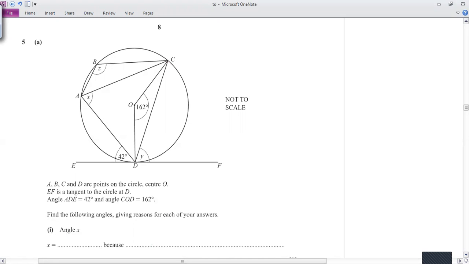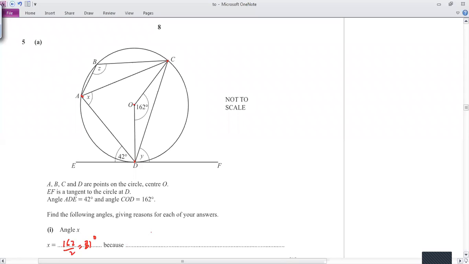Okay. Let's see. Angle x is made by the chord DC on the circumference. Chord DC is also making an angle at the center. So the angle at the center is double the angle at the circumference. So x will be half of this one. I will say x is equal to 162 over 2, which is 81 degrees.